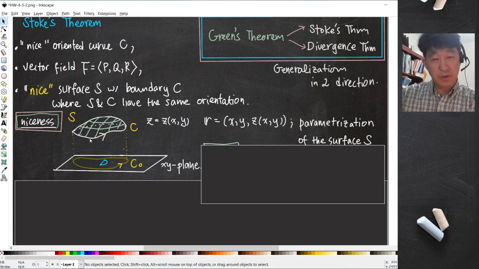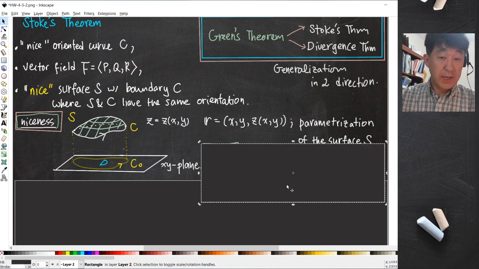Double and triple integrals are limited to flat regions, the xy plane or xyz space. This surface is sitting inside xyz space and curved around, so we say surface integral. Hope you have learned the definition of a surface integral.